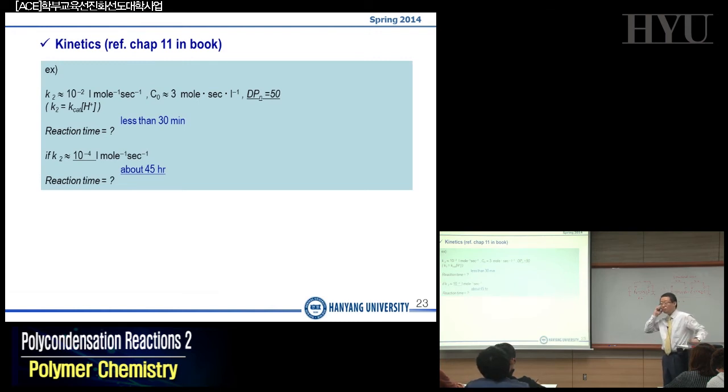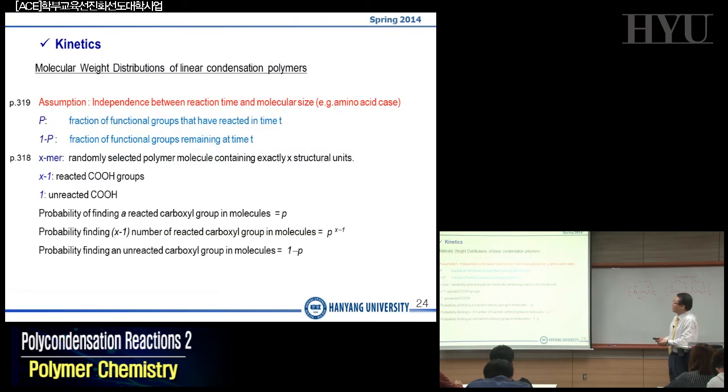So from this exercise, we know that if you set your target molecular weight, target dPn, and you know the rate constant, you can determine how long it will take to obtain your target molecular weight. Okay? All right.